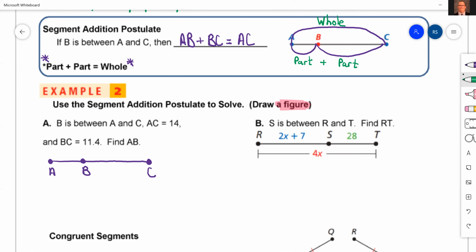B to C is 11.4. Find A to B. That's what we're trying to find. Since we drew a picture, you're probably already thinking, oh, well, that's easy.